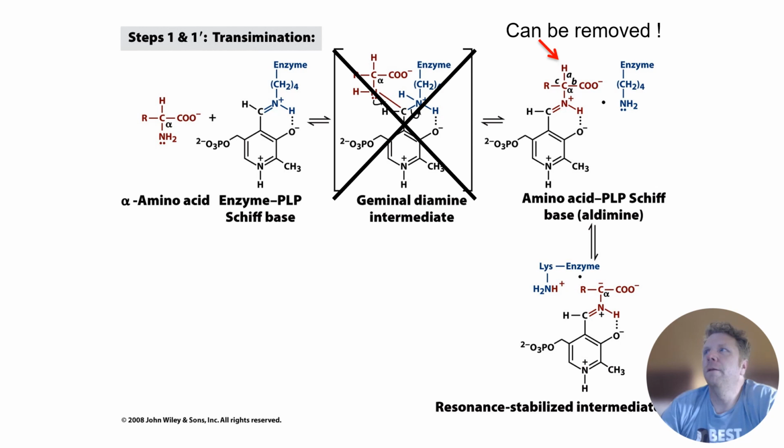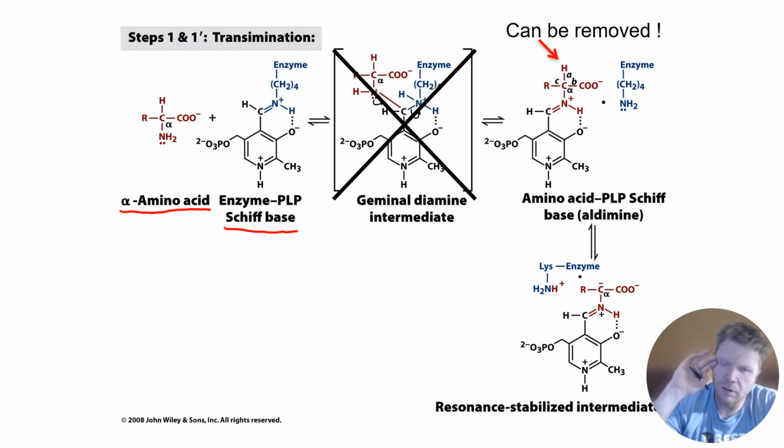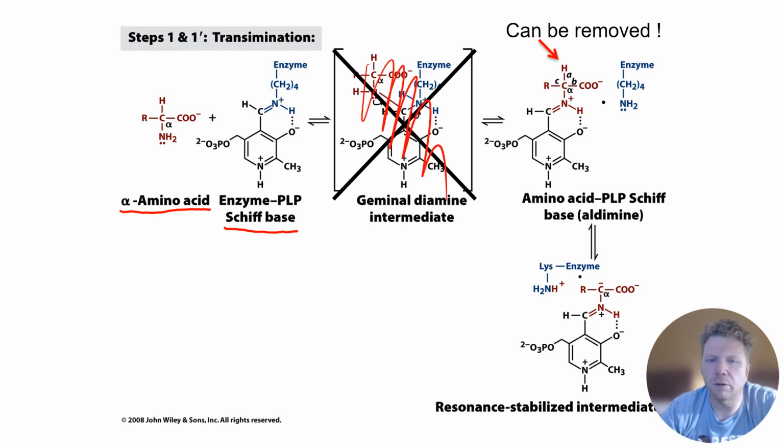That Schiff base must be present in order for our alpha amino acid to react with it. We're skipping over this diamine intermediate, and instead we're going straight to the amino acid PLP Schiff base, the aldamine. Essentially, this amino acid is displacing our enzyme. By displacing our enzyme, we're going from a Schiff base to a Schiff base, but it's an enzyme PLP Schiff base versus an amino acid PLP Schiff base.